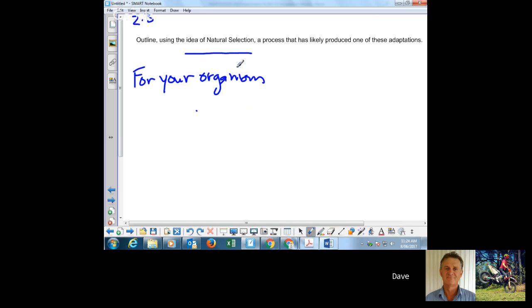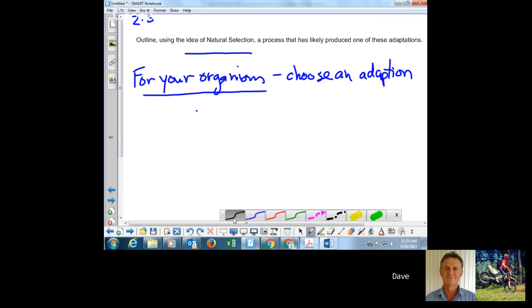Okay, so for your organism, we want to identify an adaptation. Choose an adaptation that you've discussed. All right. I might help Daniel use his, and then you can adapt it to yours. So Daniel, I'm going to choose your example, and you were talking about the termites.